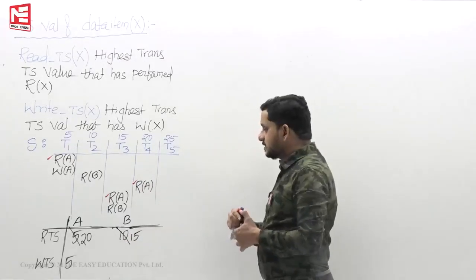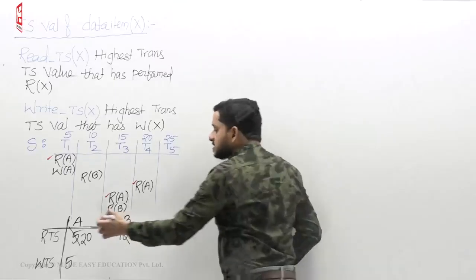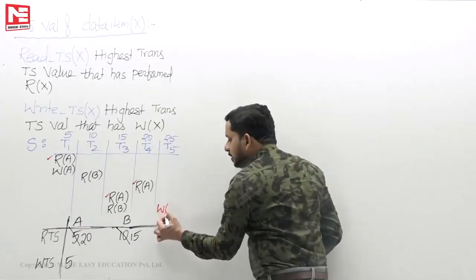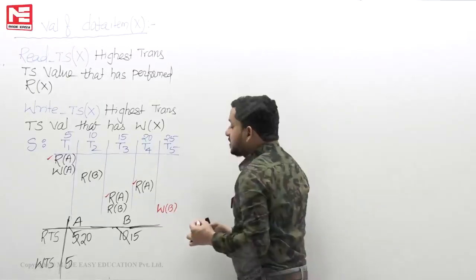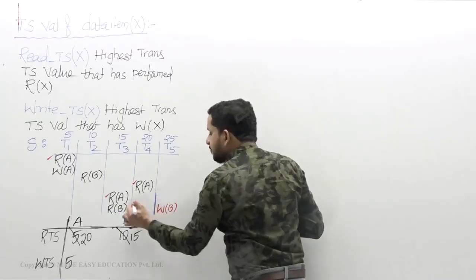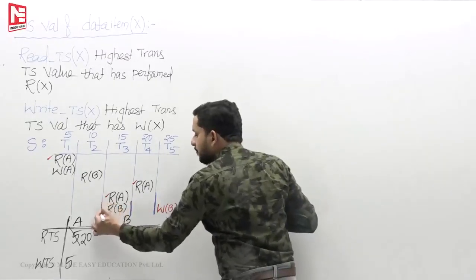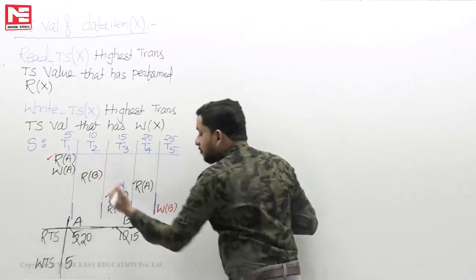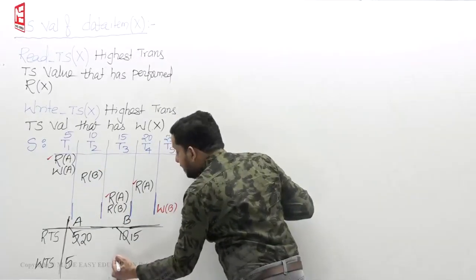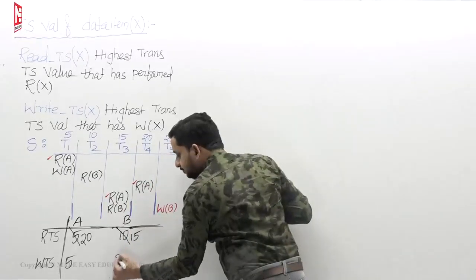Okay, clear this? If by chance transaction T5 writes B, then the write timestamp value of B becomes 25.